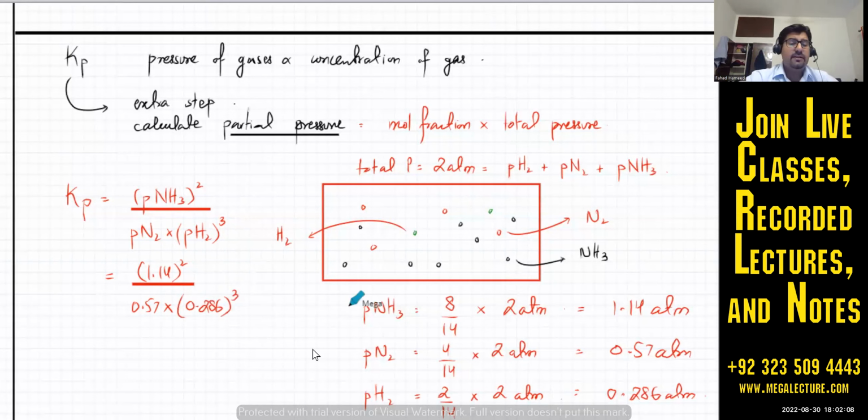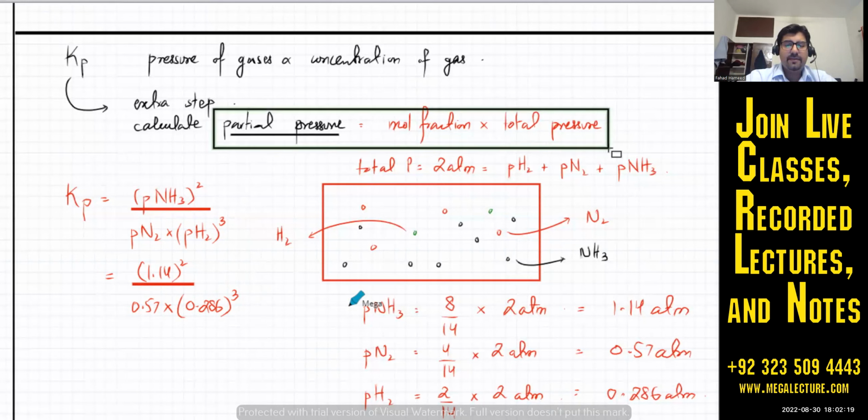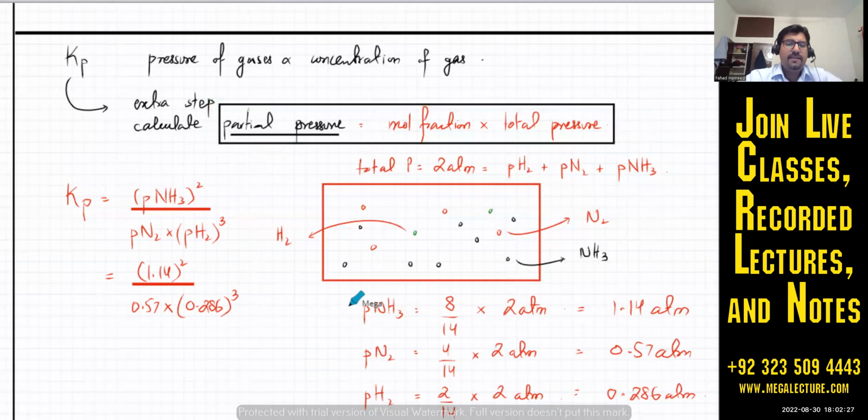So yeah, you'll get the Kp value this way. That's the only extra step needed over here: you have to calculate partial pressure. Is this clear?